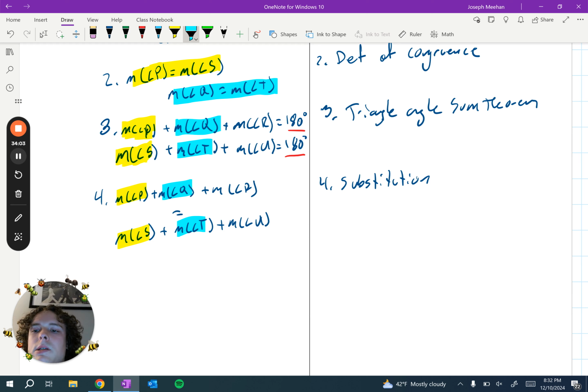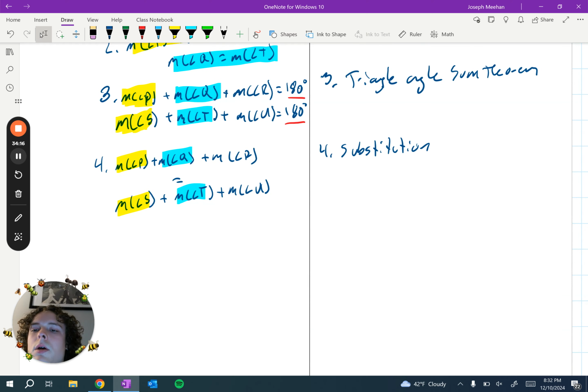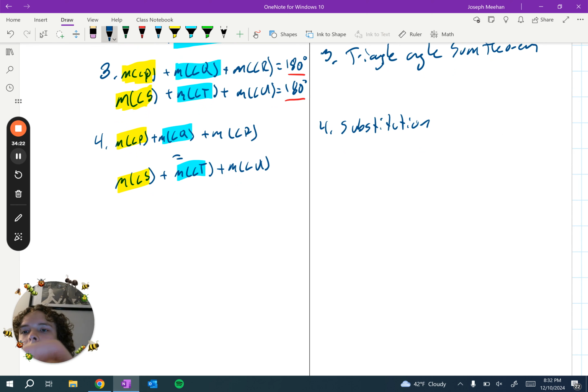Here we have on the left side, or the top side here, we could say yellow plus blue plus the measure of angle R equals, now on the bottom or the right side, yellow plus blue plus the measure of angle U. So since we have yellow and blue on both sides of this equation, we can subtract yellow and blue from both sides of this equation, since they're literally the same thing, right? So we can use subtraction to say in step 5, the measure of angle R equals the measure of angle U.